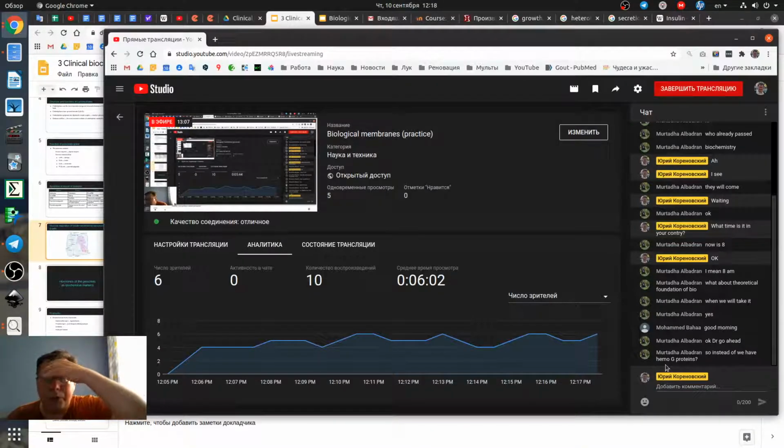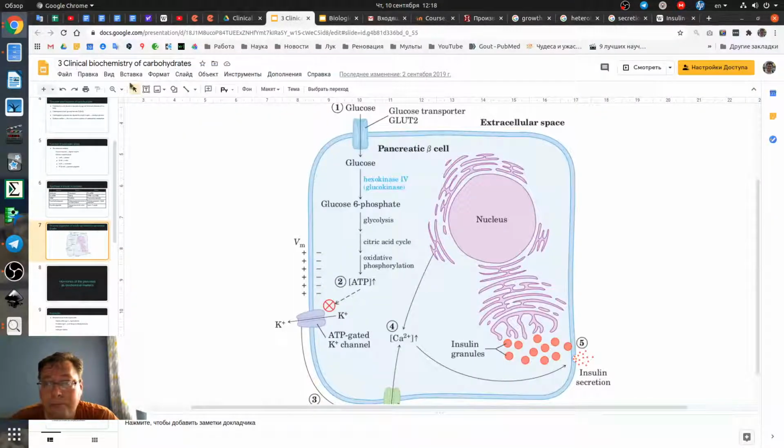Okay, I want to explain how this insulin is secreted by beta cells. Increasing concentration of glucose uses the specific glucose transporter GLUT2 in pancreatic beta cells, and glucose passes into the beta cell. After conversion of energy, it results in increasing concentration of ATP here.